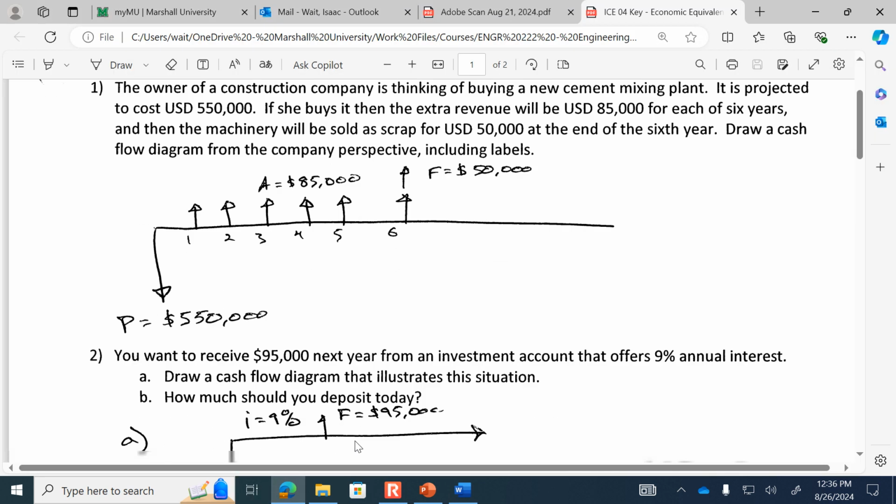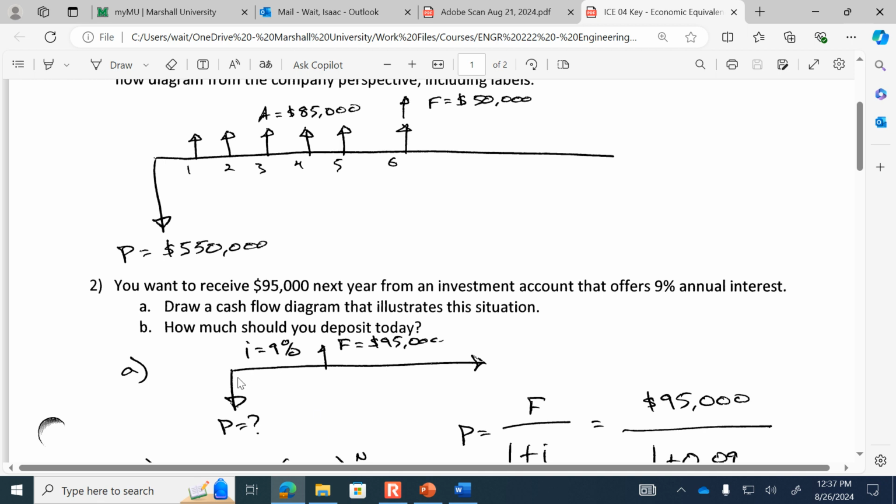So for the cash flow diagram, what you want to do is deposit some amount now, arrow down, P equals unknown. I equals 9%. That can just be somewhere in the proximity of the cash flow diagram, and then we want to withdraw $95,000 in 1 year. I should have written the number 1 somewhere next to that tick mark.